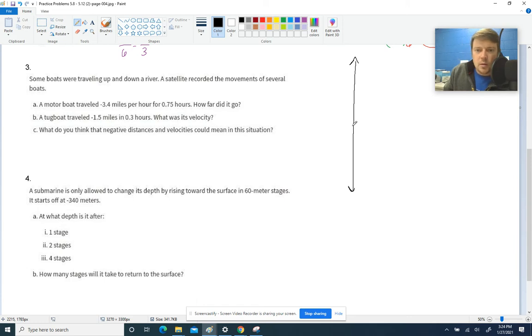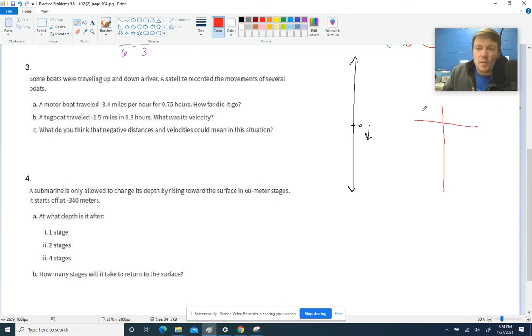Okay, so here's 0, and it's negative, so it's going down the river this way. And it's skip jumping by 3.4s every hour. But this doesn't travel for an entire hour. So it would be at 3.4 in an hour, but we want to know where it would be after 0.75 hours. So maybe a better idea to do this problem would be to set up a table instead of a number line, since we got the decimals.